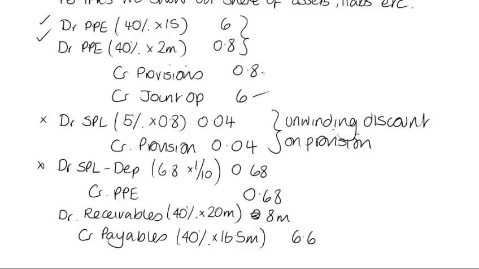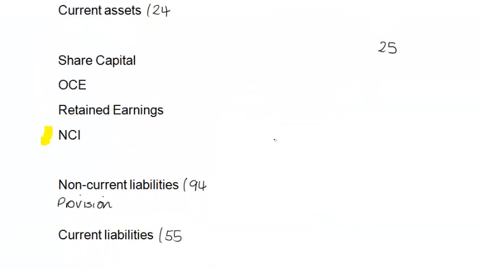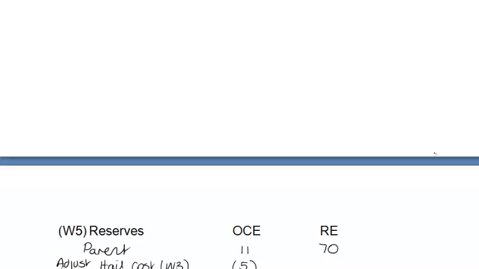So in terms of the impact upon the statement of financial position, we've got provisions of 0.8 and 0.04. So provisions together come to 0.84, which is working number 6. Receivables have increased by 8.